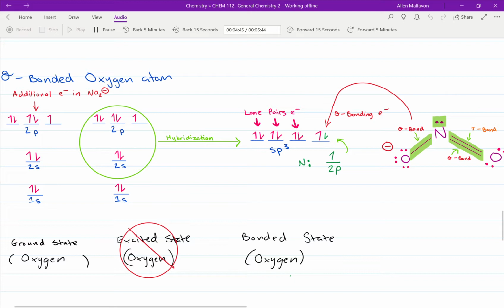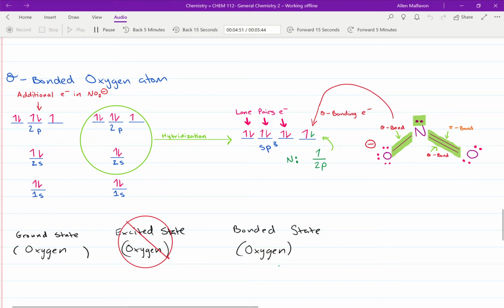So coming back to this oxygen atom, we have sp3 orbitals, and we see that we have the 3 lone pairs which are required. That checks out. But we also have a single electron available for bonding with the sp2 orbital of nitrogen.